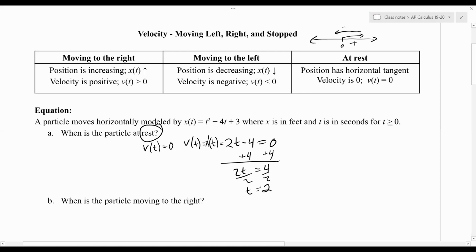Now do a quick check. Is this number within our region? Yes, 2 is greater than 0, so that's a good number. And we always have to justify.